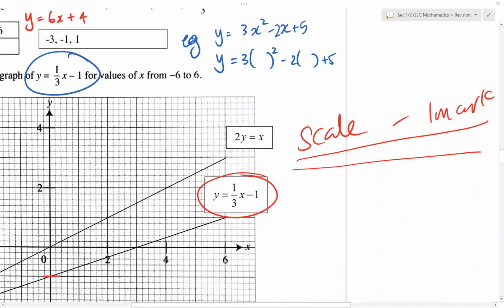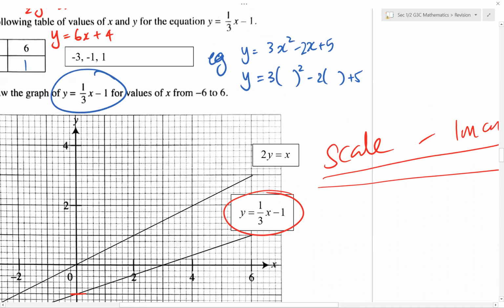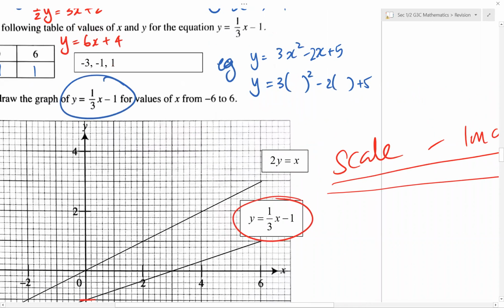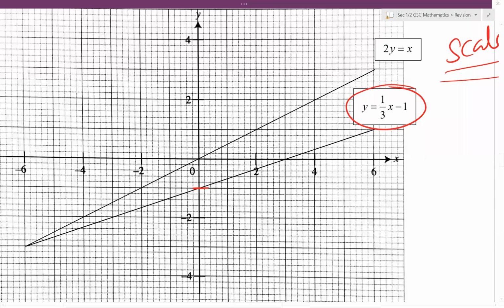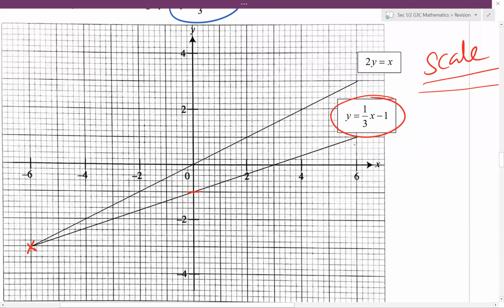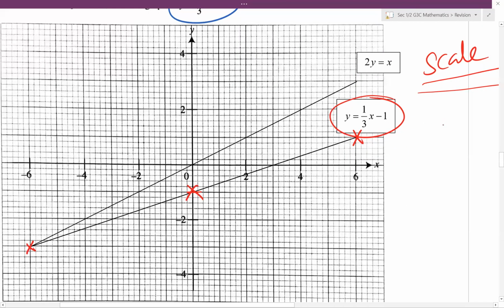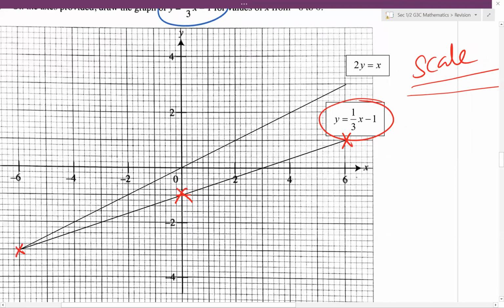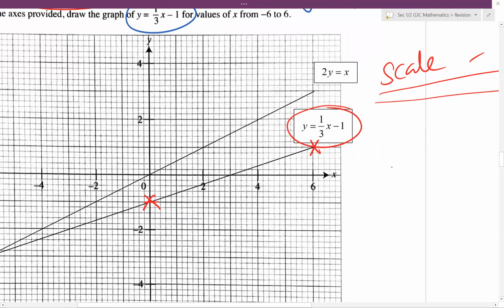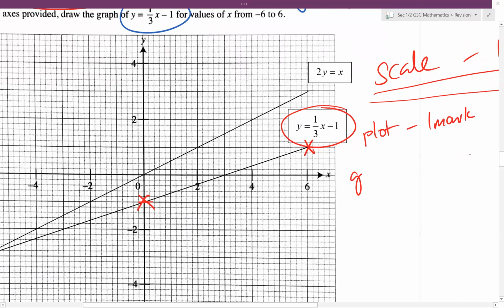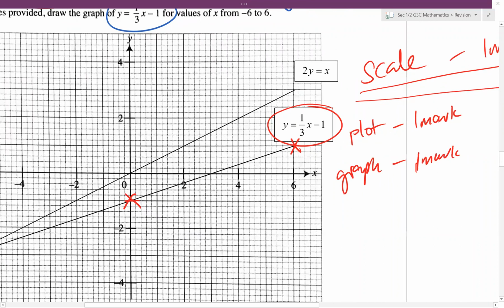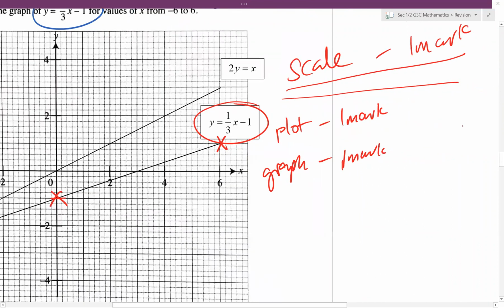I should see 3 crosses, the -6 point, the 0 and the 6 point. 3 points, you get another 1 mark. Plot, 1 mark. Graph, 1 mark. So total 3 marks. Very good. Sometimes they may combine these two into 1 mark. They're not as good as you.